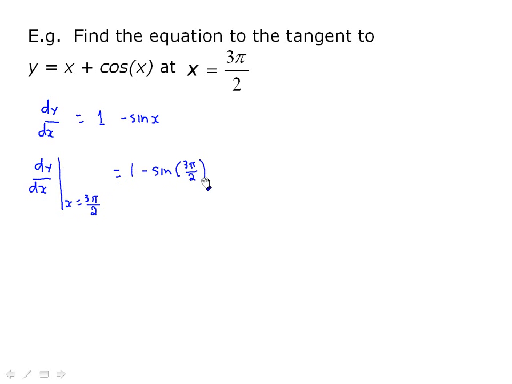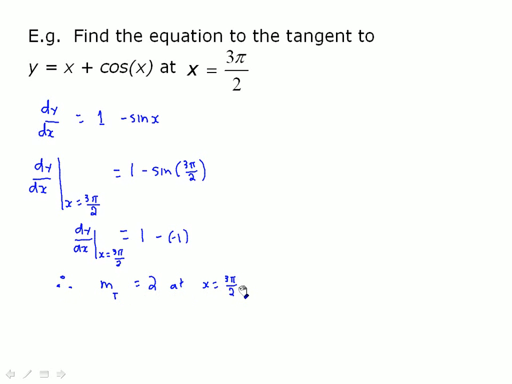Well, you have to know what the sine of 3 pi over 2 is, but that is knowable. So dy/dx at x is equal to 3 pi over 2 is equal to 1 minus, well, the sine of 3 pi over 2 is negative 1, so 1 plus 1 is equal to 2. So therefore, m is equal to 2, the slope of the tangent line at x is equal to 3 pi over 2.